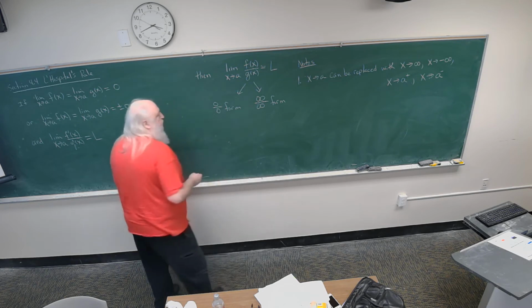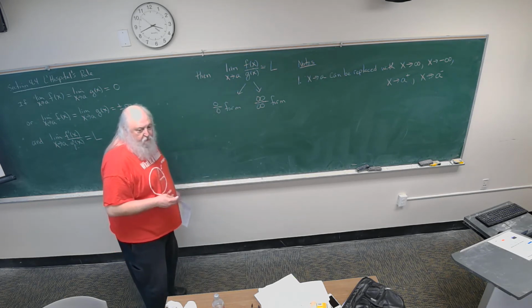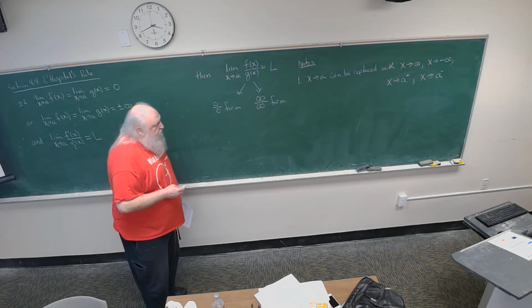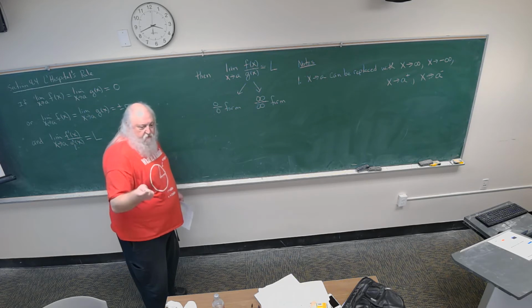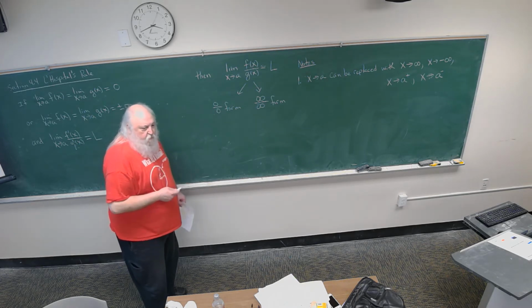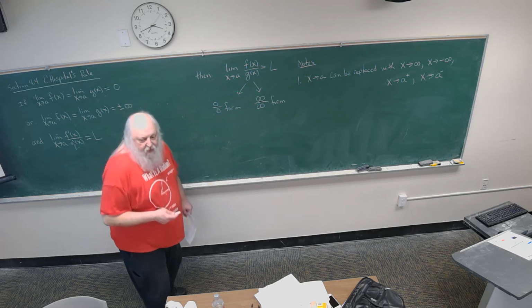It doesn't have to be x approaching a real number, right? X can be going to infinity or minus infinity. It can be approaching a from the right and a from the left. Because when we're dealing with the natural log function, we can approach 0 from the right, but we can't approach 0 from the left.